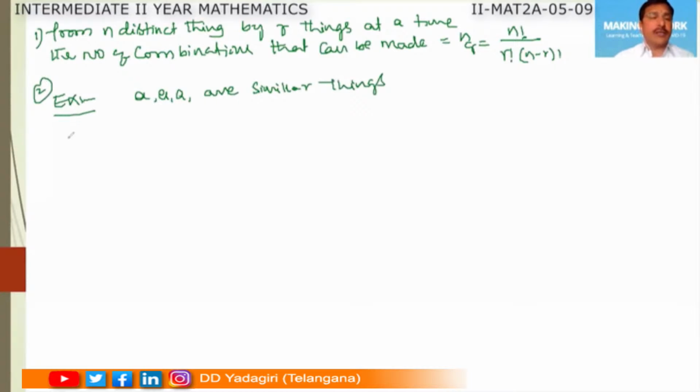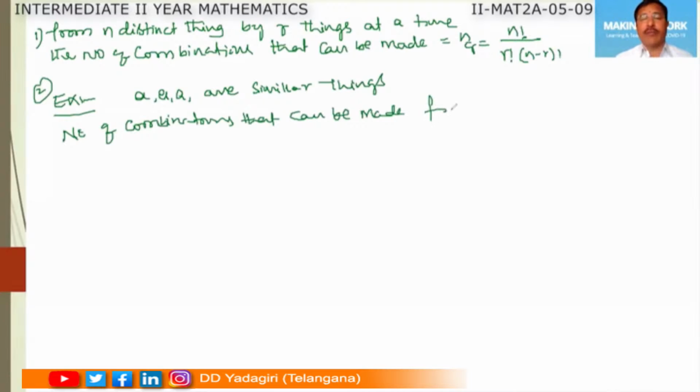Now, the number of combinations that can be made from three similar things, by taking one at a time.